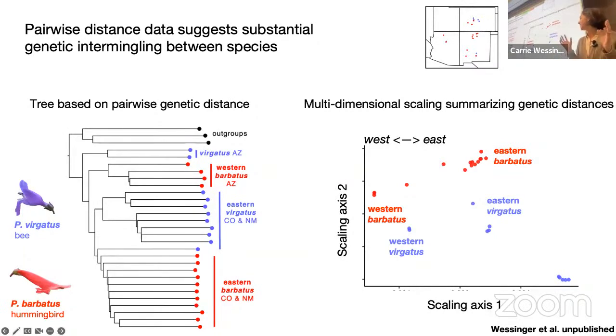So this allows us to overcome that assumption of a bifurcating tree. Here, each dot is representing a population, and the absolute distance between points is reflecting the average genetic distance between those populations. And so we recover the same pattern where these eastern barbatus populations are closer to the eastern virgatus populations than they are to western barbatus populations.